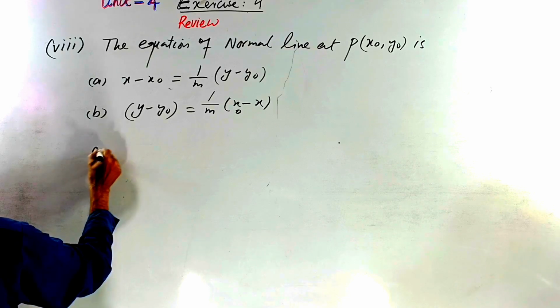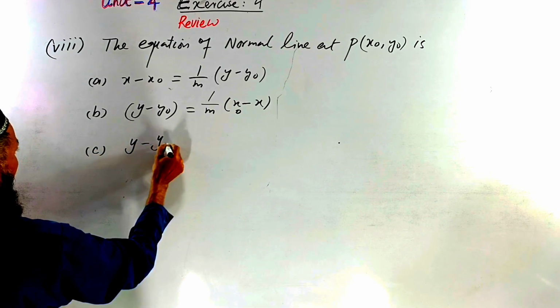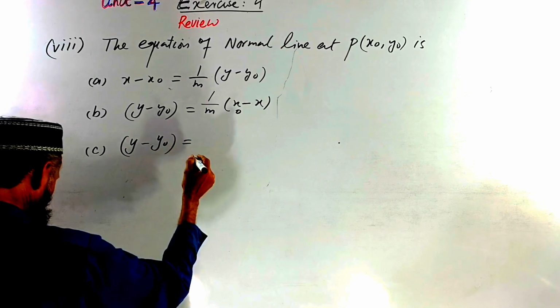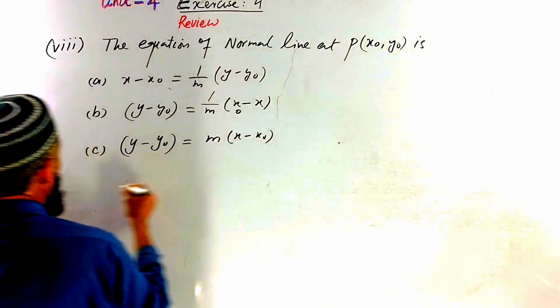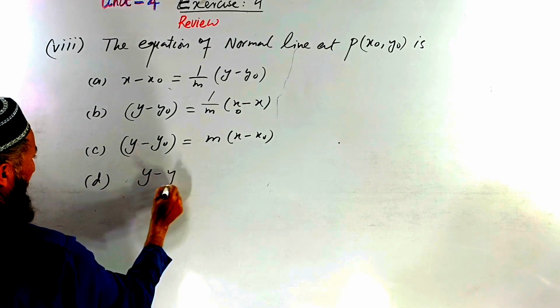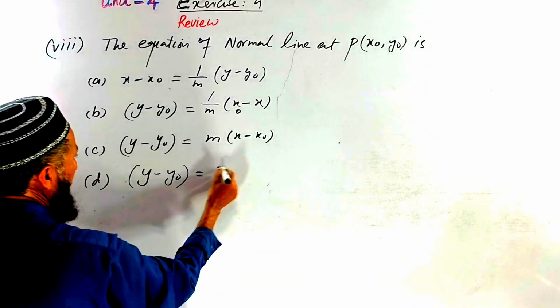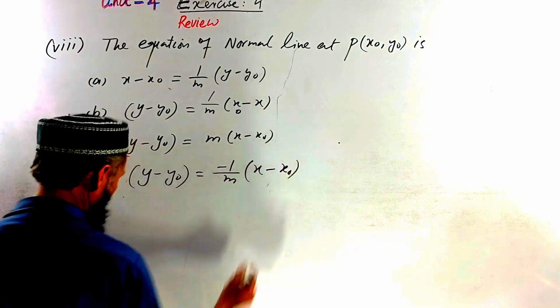C is y minus y naught is equal to m x minus x naught, and option D is y minus y naught is equal to minus 1 over m x minus x naught.